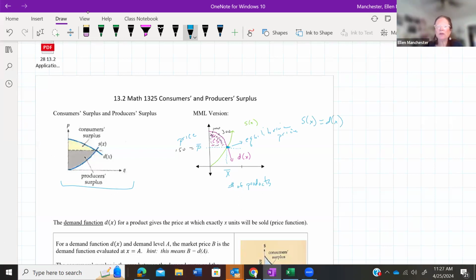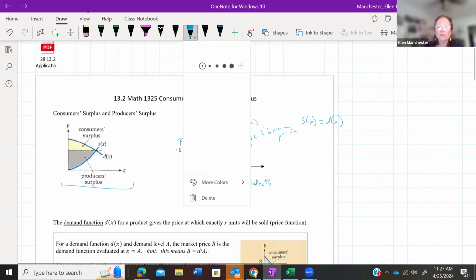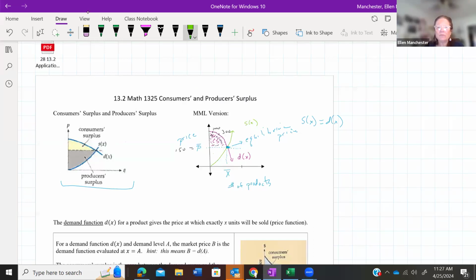Okay, that's your equilibrium. So down here is the producer surplus. So the idea behind the producer surplus is the upper curve is the price, the lower curve is the supply function. So it's going to be the price minus the supply.